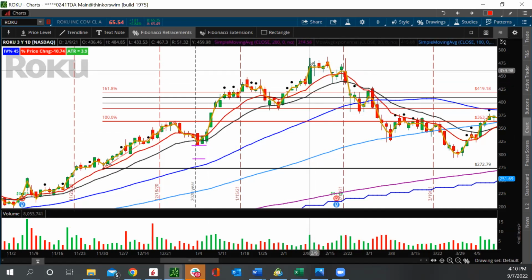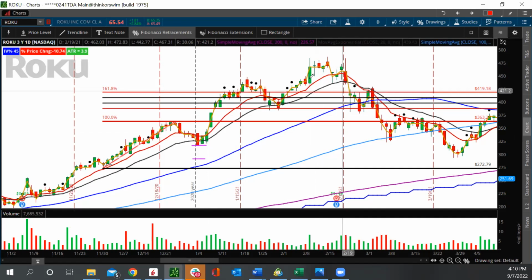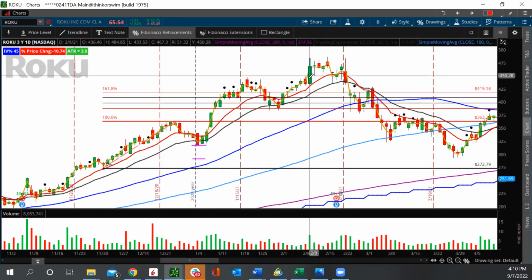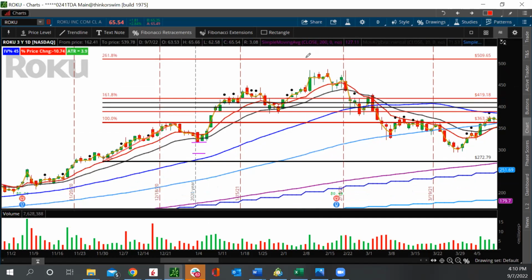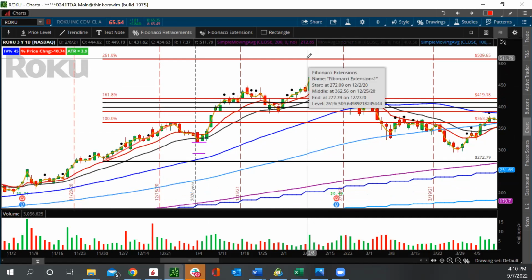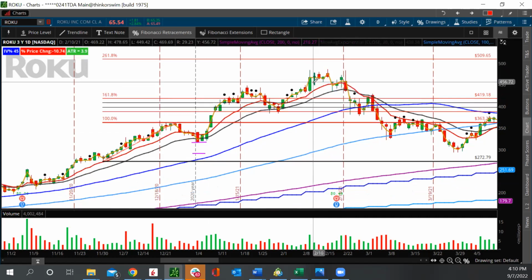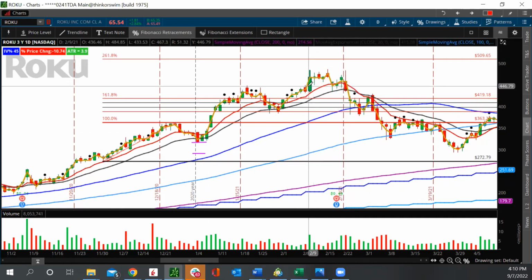That to me is a sign, if I'm in this trade, I'm going to tighten up my stop, because that to me is a signal that price is about to reverse. Okay. And if you're above the 61.8, why not just tighten up your stop and have it up here? Try to hold to see if it goes to the 261.8, but if it doesn't, at least you're protecting your profits.